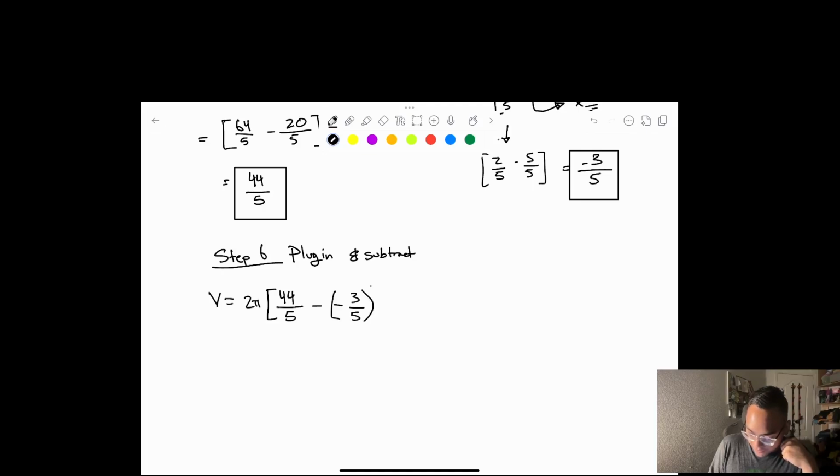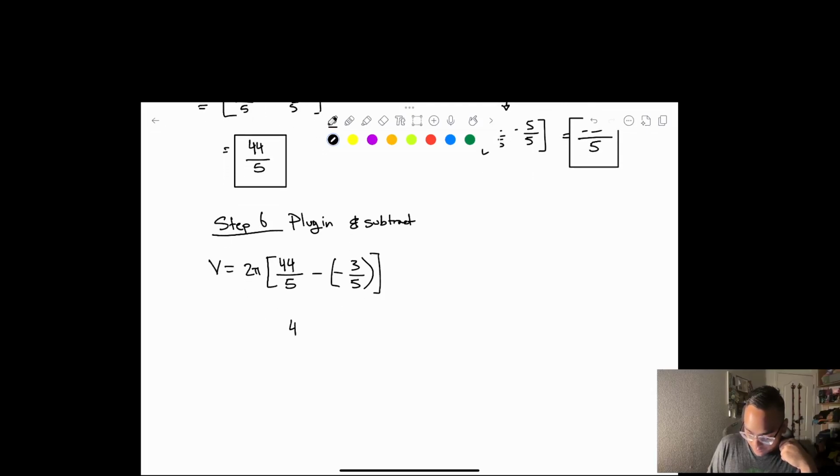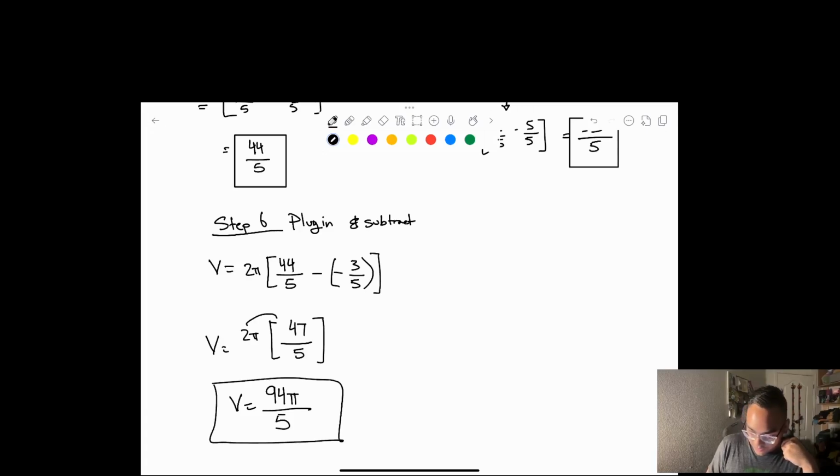We know that minus a negative is going to make a positive, right? So it's going to become 47 over 5 times 2 pi. So if we distribute this, it's going to become 94 pi over 5. And that is our answer.